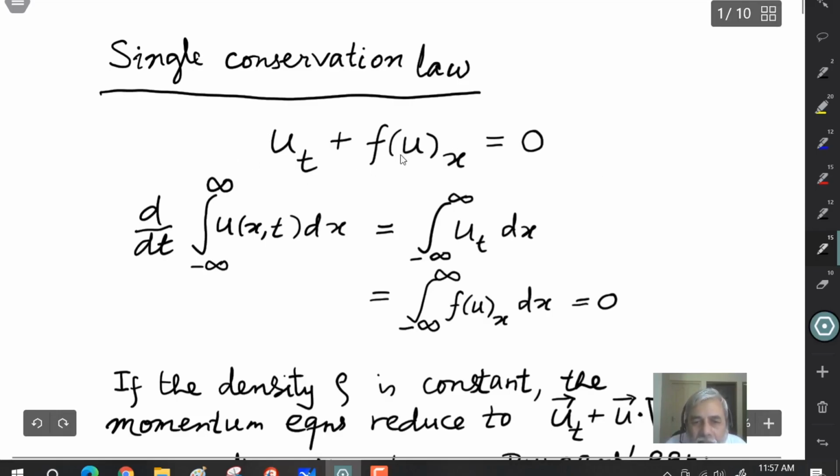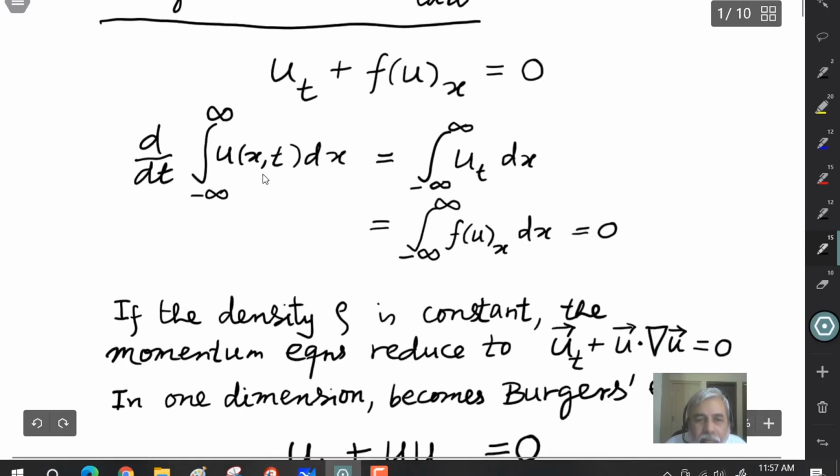For the time being, just a general discussion on why it is called a conservation equation. You just look at this integral from minus infinity to infinity of u(x,t) dx. So this is a function of t. Let's differentiate that with respect to t. Everything is formal here, so this integral has to be finite, etc. Suppose this differentiation under the integral sign is allowed.